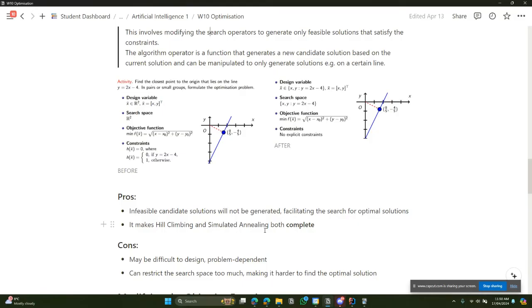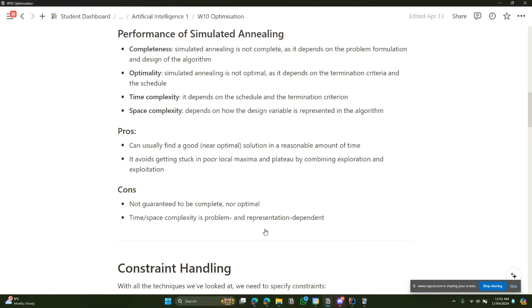We said before simulated annealing was incomplete, and we said before that hill climbing in the last session was incomplete. But we also said that it's dependent on the formulation of the problem. If you go back to this, it says not guaranteed to be complete. Where is it? Here.